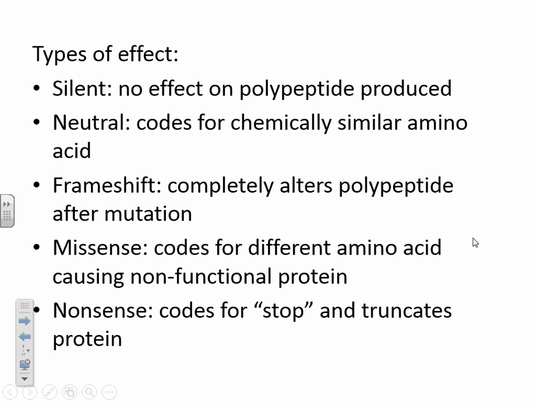You can have a neutral effect where the amino acid put into the polypeptide is chemically similar. If you go back and look at those R groups, they're quite diverse, but some are similar and may enable a protein to fold up in the same way, so you can replace one without it having a big effect.